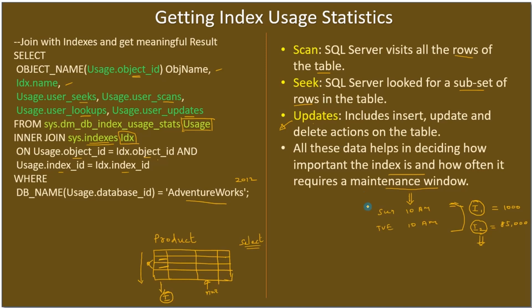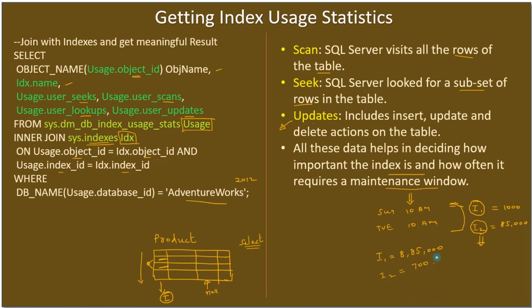Similarly, by looking at the scan and seek, and there's one more here, lookup, you can state, for example, for index I1, the seeks and scans are, let's say, 885,000, and for index I2 it is just 700, right?